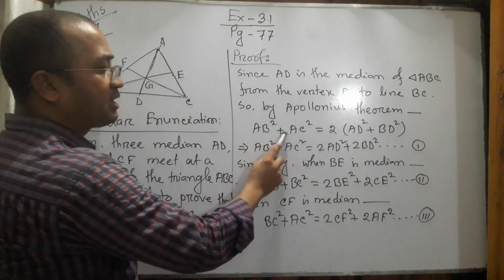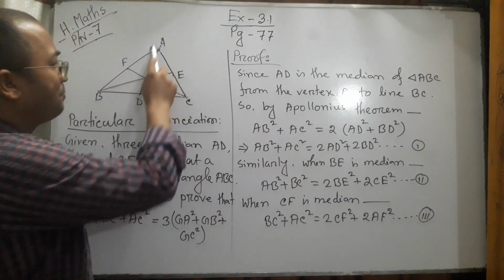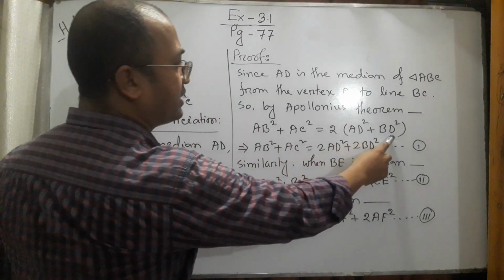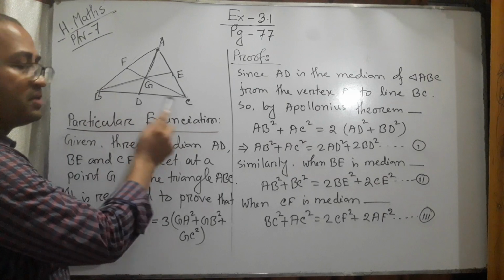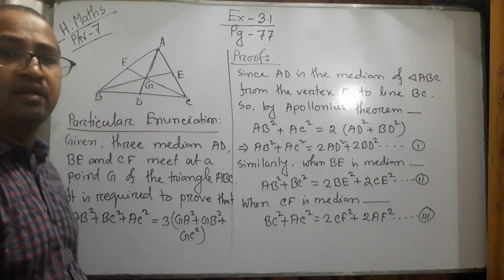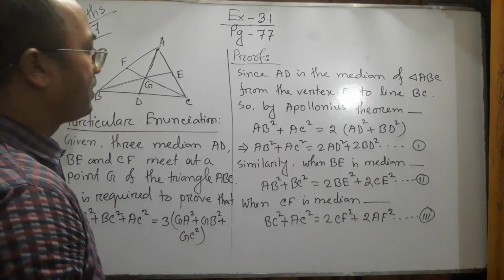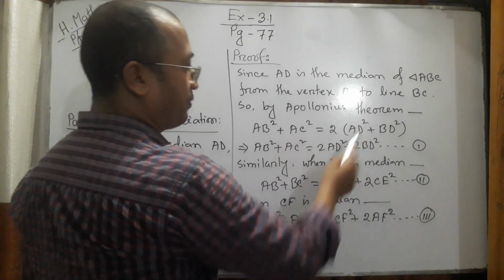So AB square plus AC square equals 2 AD square, that is the median, plus 2 BD square. BD is 1/2 of BC. You can take BD or CD because BD and CD are equal. Here I take BD as half of BC. So this is the Apollonius theorem.